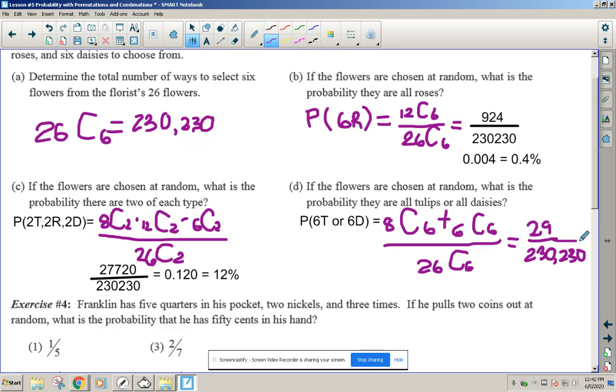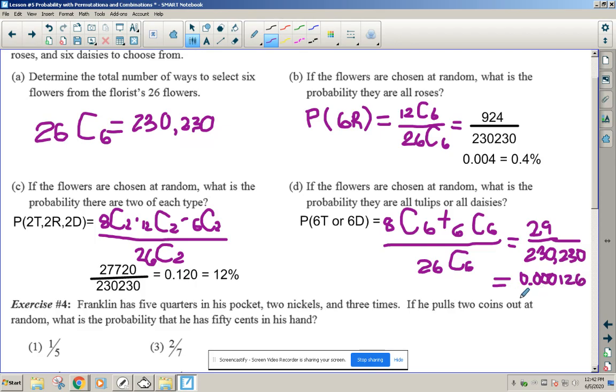So the chances of this happening are very, very small. If we divide this out, we would get 0.000126.